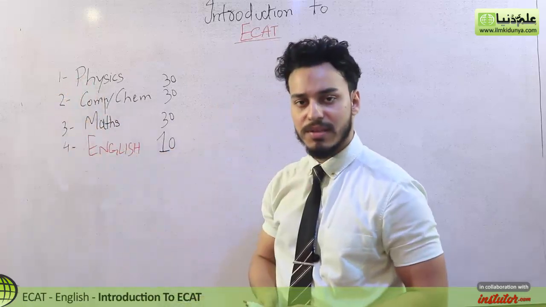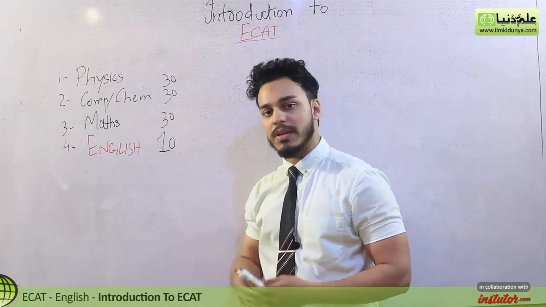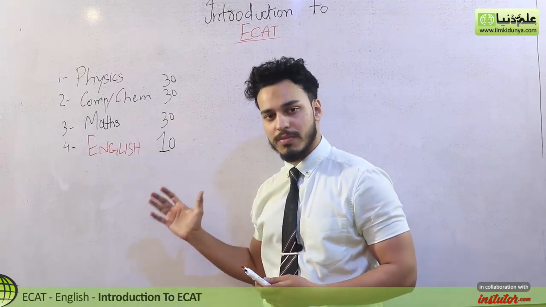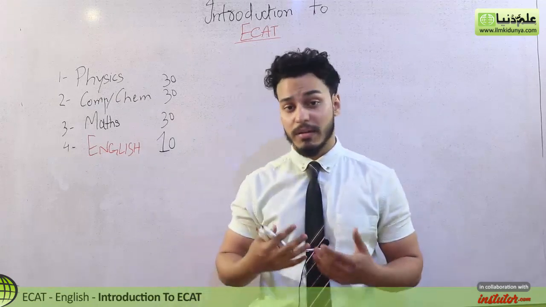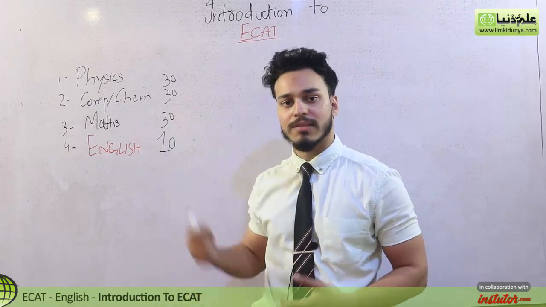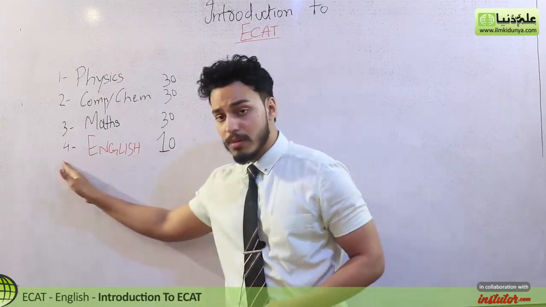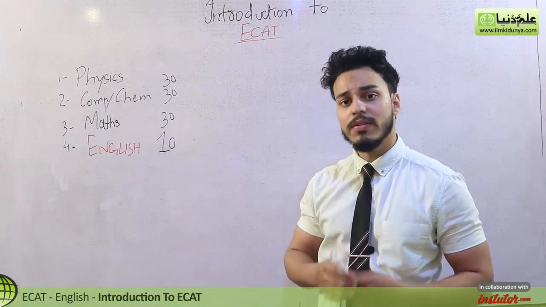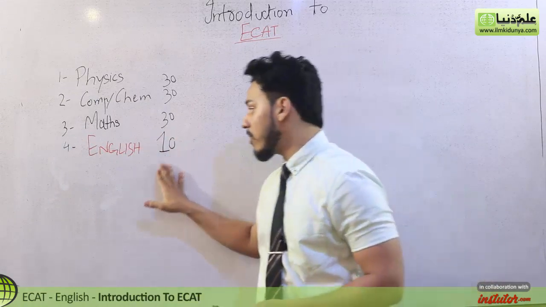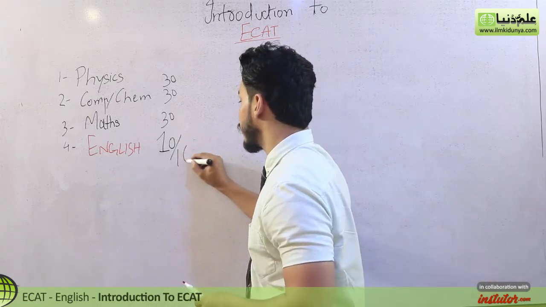There are various academies, there are various lectures, but unfortunately English gets a very steppy treatment since people are not familiar with the techniques and logics with the help of which we can acquire full marks in English. So in order to acquire full marks in English, there are a few techniques. If you follow these techniques, then we can get maximum marks in English.